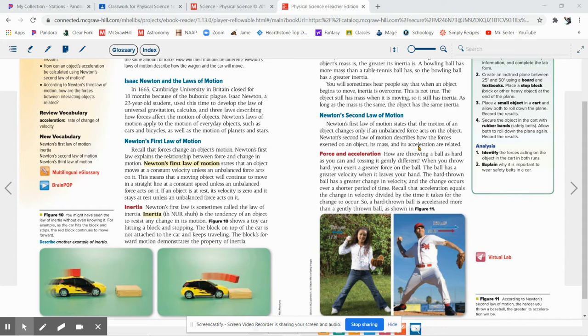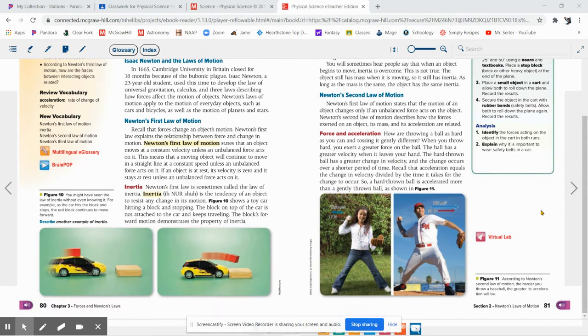Newton's second law of motion states that the motion of an object changes only if an unbalanced force acts on the object. Newton's second law of motion describes how the forces exerted on an object, its mass, and its acceleration are related.